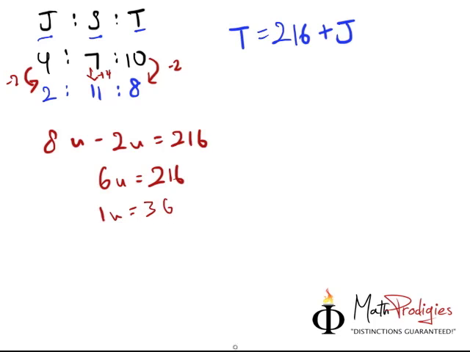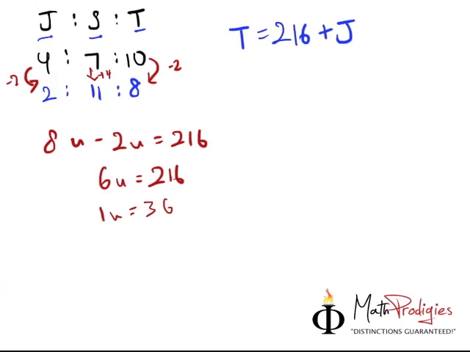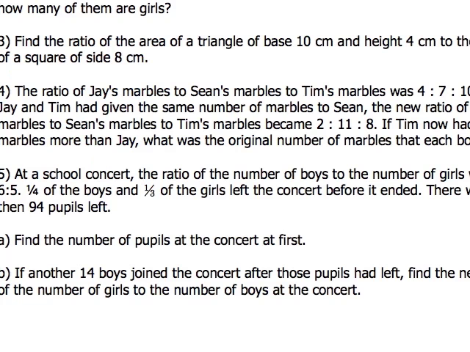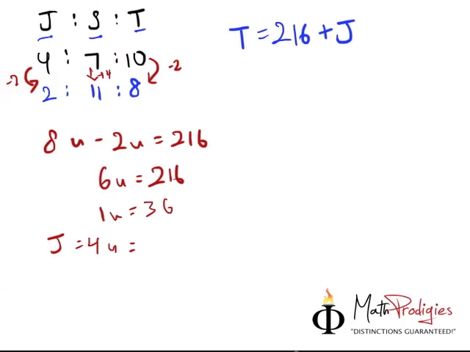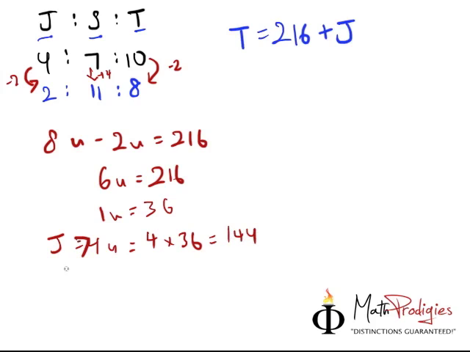If 1 unit is equal to 36, the question is, how many marbles did each boy have at first? Originally, J had 4 units, which equals 4 times 36, which is 144 marbles.